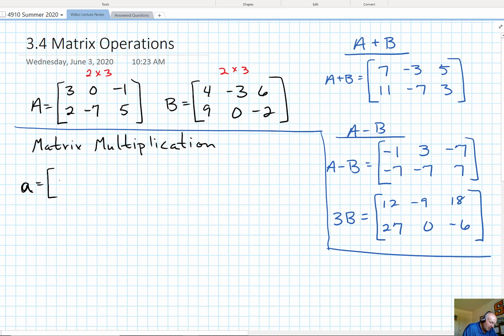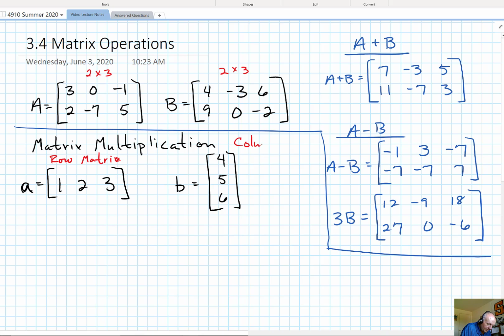But a row matrix is just a matrix that has one row in it. Then we have a column matrix, which is just a matrix made up of one column. To understand matrix multiplication, we start with these two things: a row matrix and a column matrix.